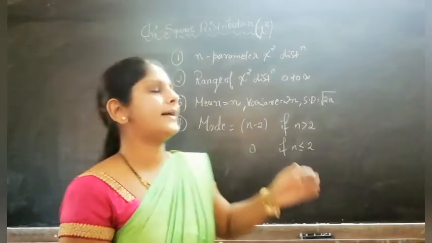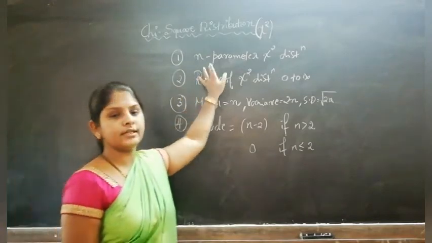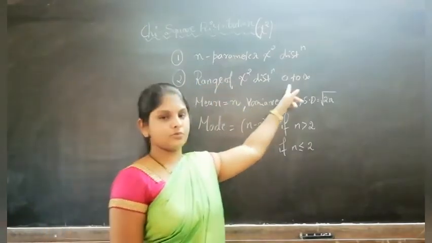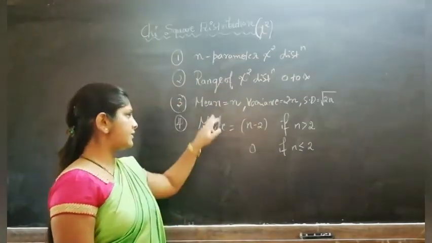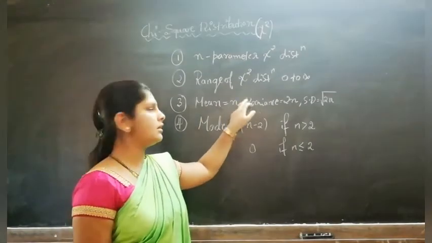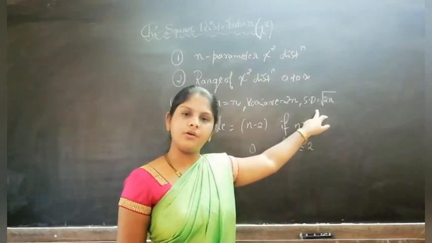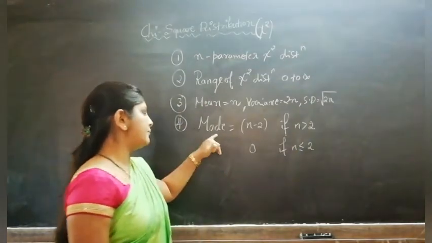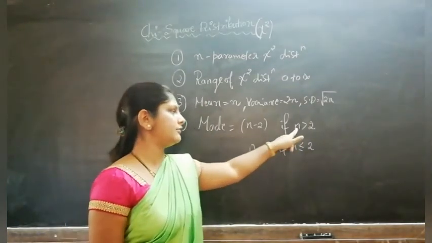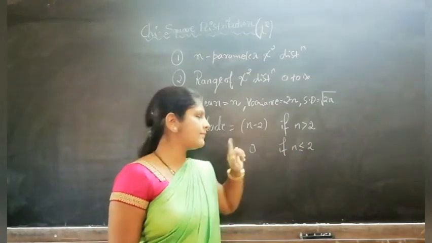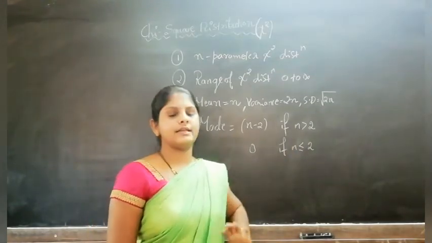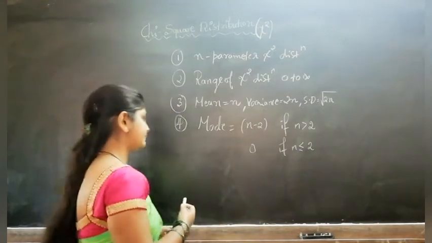The parameter of chi-square distribution is n. Range is from 0 to infinity. Mean is equal to n, variance is equal to 2n, and standard deviation is square root of 2n. And mode is n minus 2 if n is greater than 2, and 0 if n is less than or equal to 2.